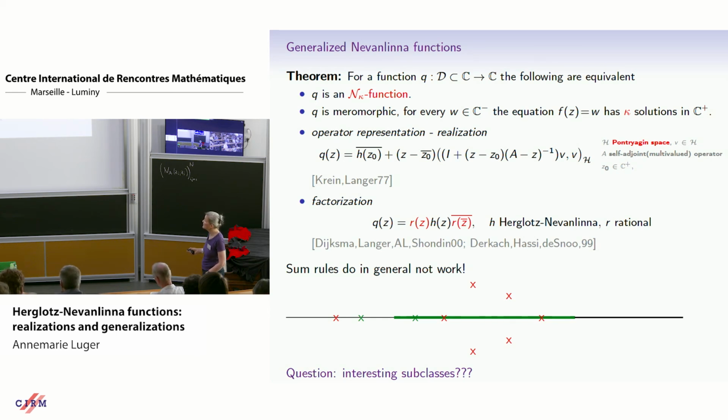And then there are finitely many exceptional points. These are the poles of this rational function. Or if you think in the operator representation, these are eigenvalues of the A, but particularly in the sense that the eigenspace is not the positive subspace with respect to this inner product. So they are special, but there are only finitely many.